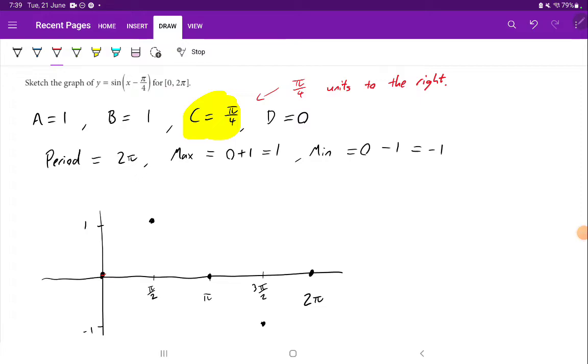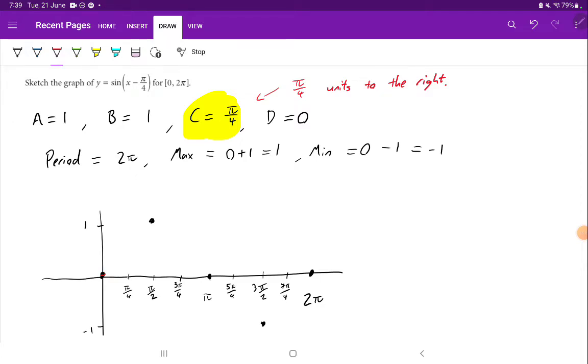So before I start, let's just put in my pi on 4 dividers as well. So there's pi on 4, there's 3 pi on 4, there's 5 pi on 4, and there's 7 pi on 4. Alrighty, so now I've got all my divisions. I'm going to move each point pi on 4 units to the right.